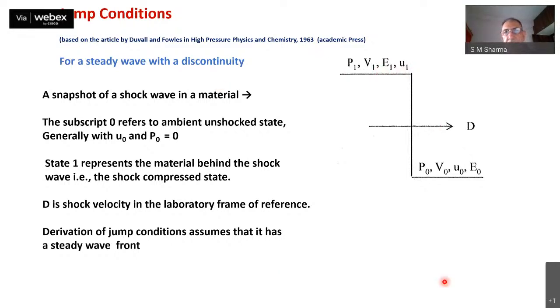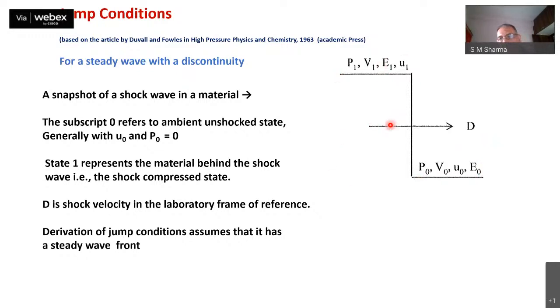You can view this as a snapshot of a material being subjected to a shock wave. In general, the subscript 0 represents unshocked, and subscript 1 represents the shock state.